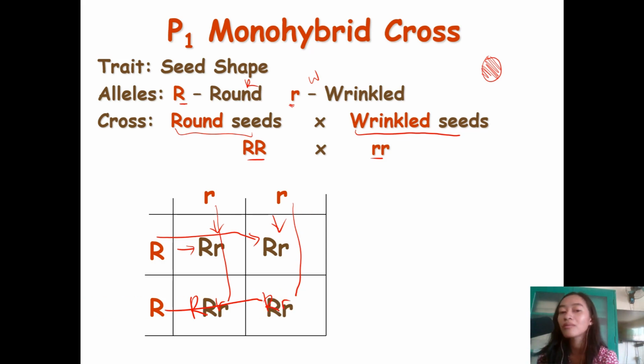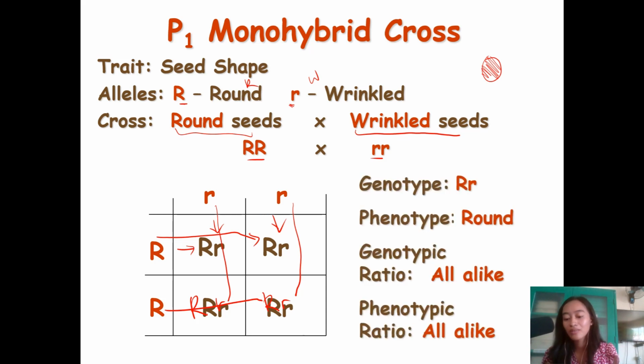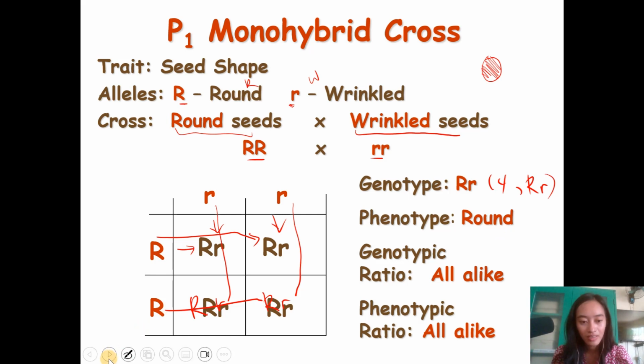So what happens is you will have the resulting genotypes. Then you will be asked to write the results. So the genotypes are four heterozygous.